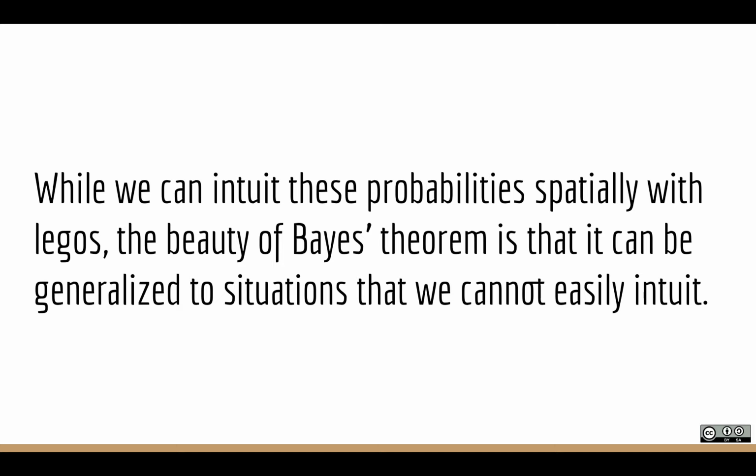So the Lego analogy is nice because it allows us to concretely visualize these probabilities, but in reality, for a lot of things we don't have that luxury. We can't visualize them and just count pegs.